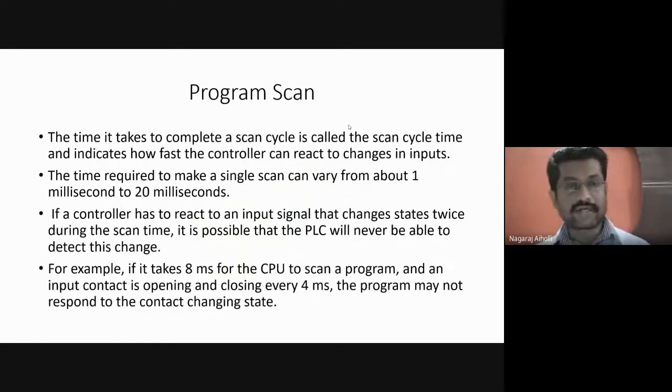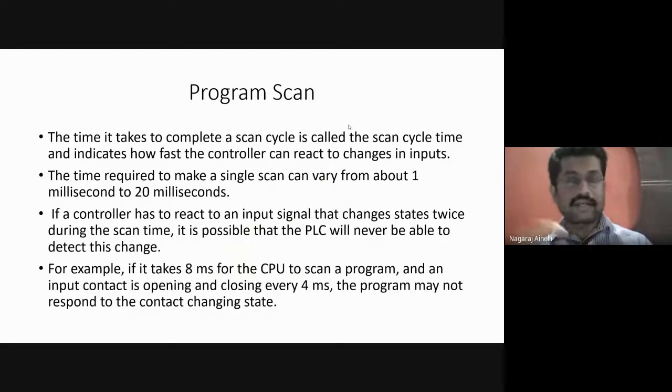If the controller has to react to an input signal, this is important. Suppose there is a change in the input. For the first input status, the scan is under process. The scan cycle processes the ladder rung instructions, executes them and provides the output.